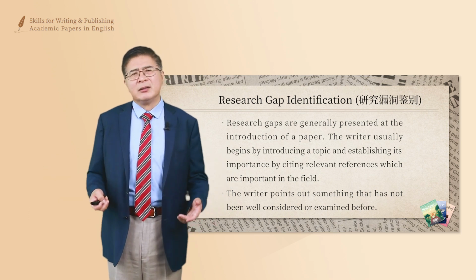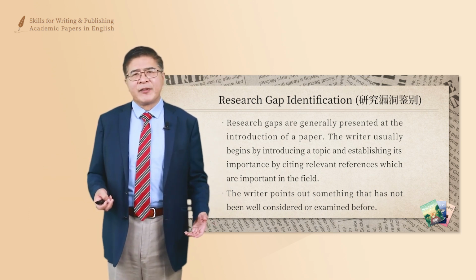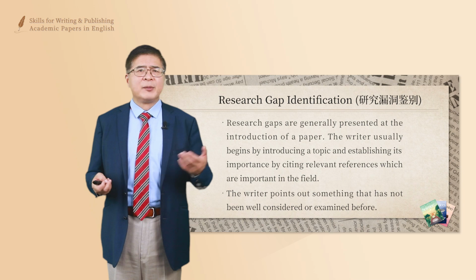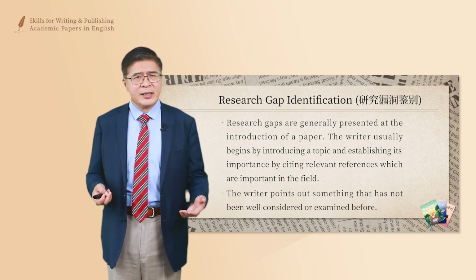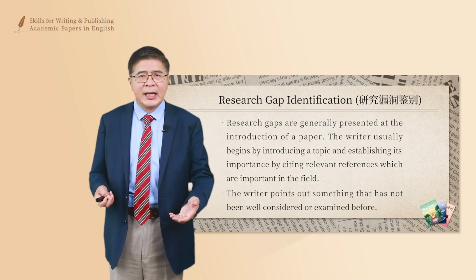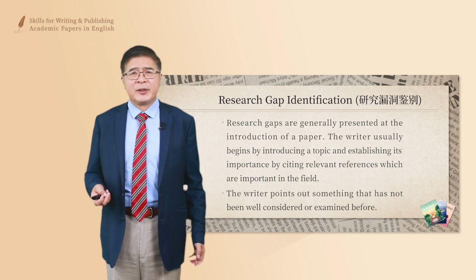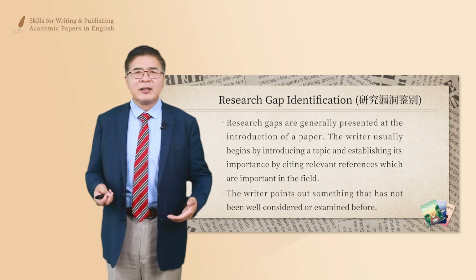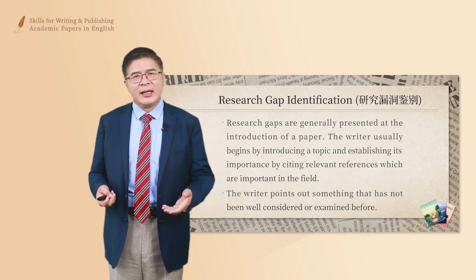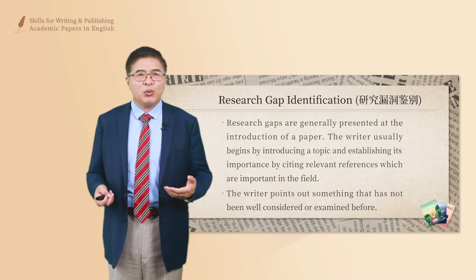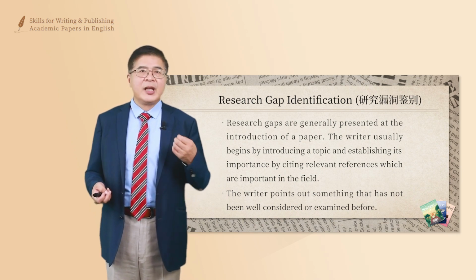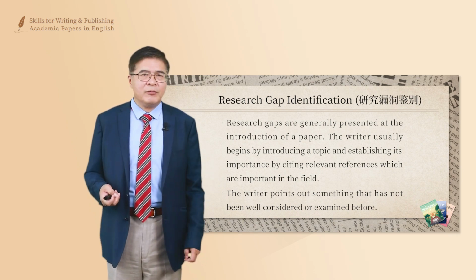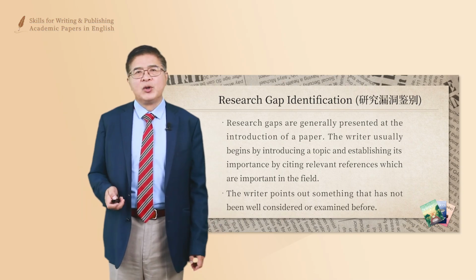To put it short, research gap identification is to find a flaw, find a problem in previous studies, and it's the purpose of your study to fill up the gap or to do something along the line to make the work more informative or more fulfilling for the field of study.